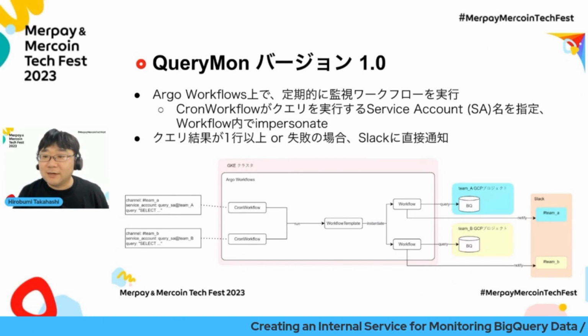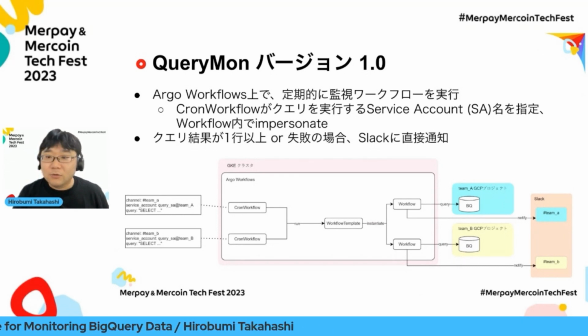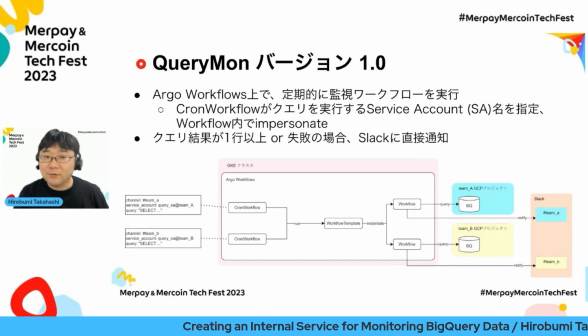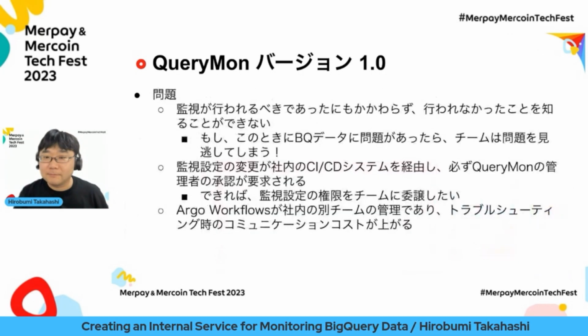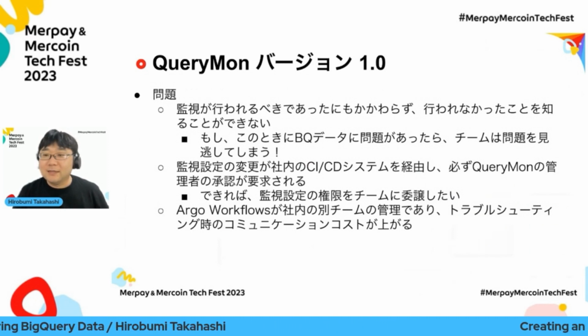After the designated service account is impersonated and the query is executed, if the check fails, a message is sent to the Slack channel. A CronWorkflow holds the actual values for the workflow template parameters and executes the process at the designated time. Well, this was very simple, but there were several issues.